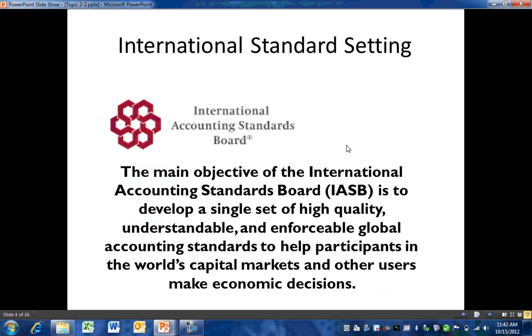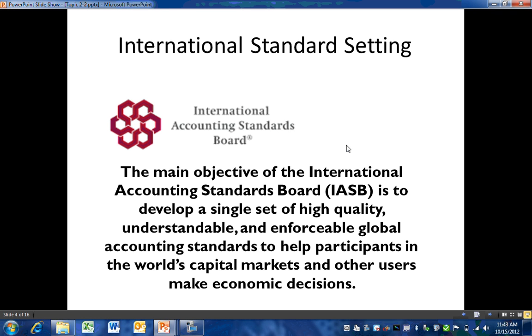In addition to the codification, standards that are issued by the International Accounting Standards Board apply to accounting rules in world markets. Again, the FASB, the US GAAP provider, and the IASB, the international standards people, are working on numerous joint projects that will attempt to converge the two sets of standards.